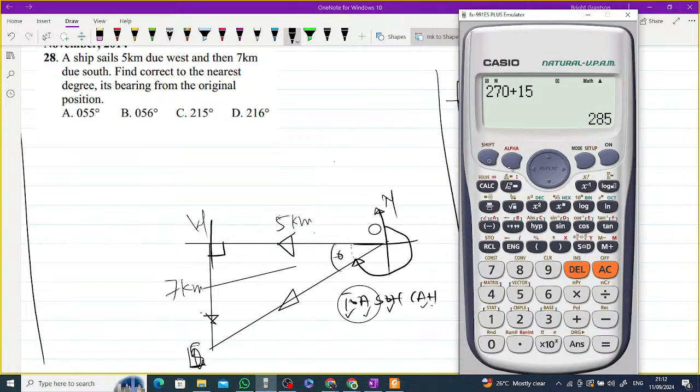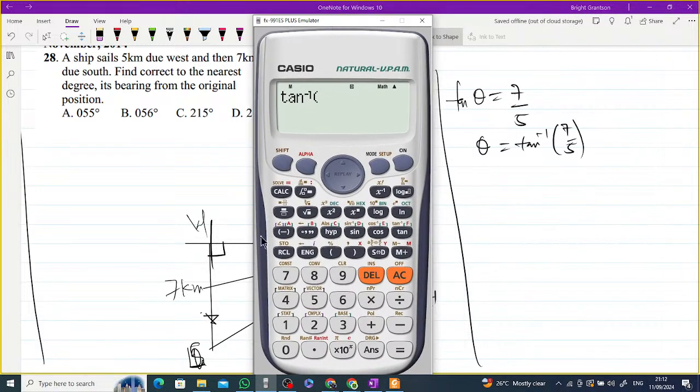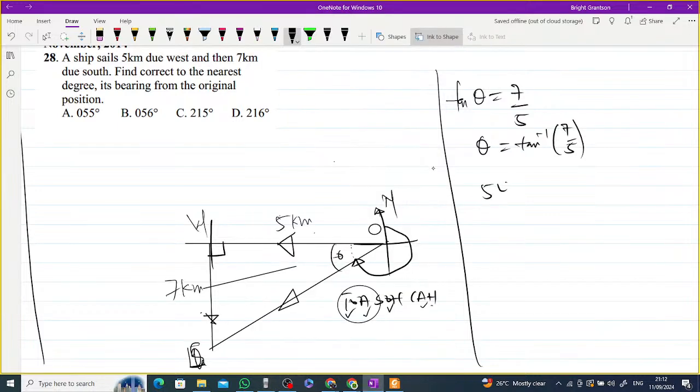So tan inverse of 7 over 5 gives 54.46. That's the angle here.